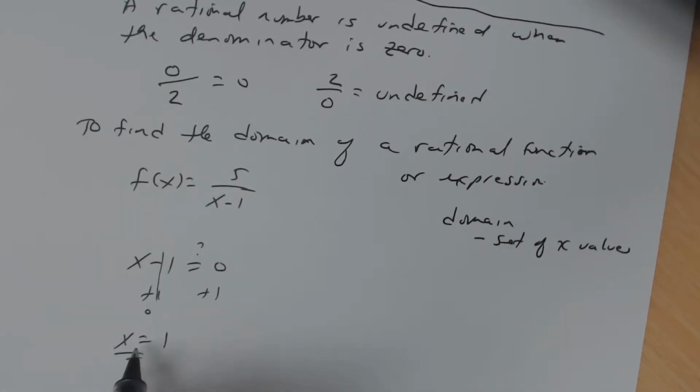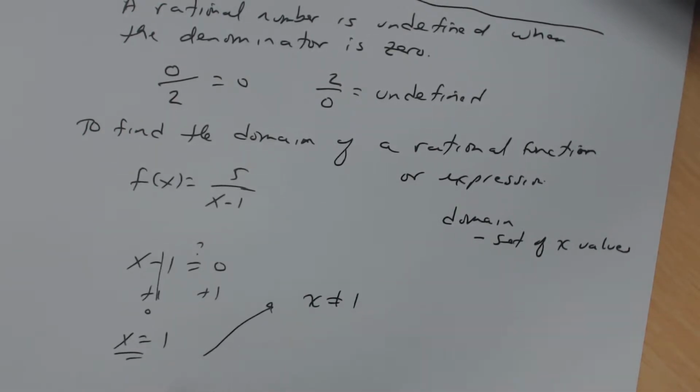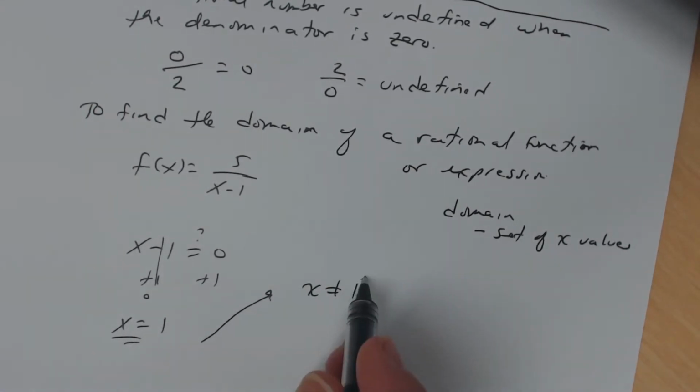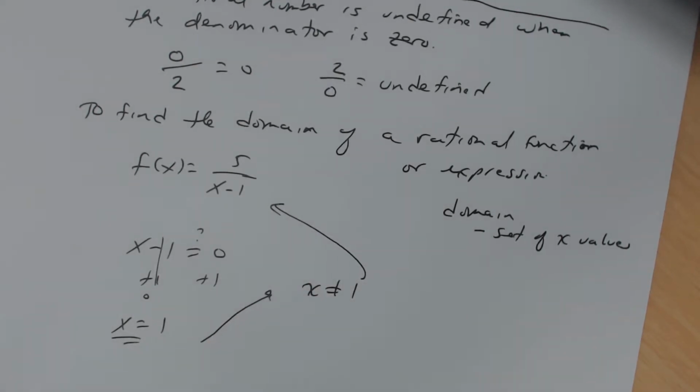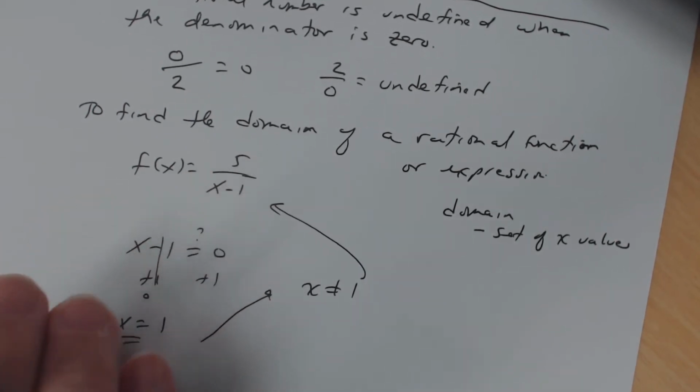So this is what x cannot be. x cannot equal 1. My domain would be any other number.